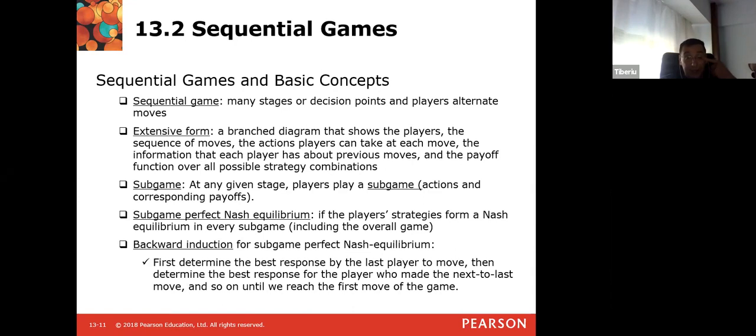Sequential games: basic concepts. A sequential game has many stages or decision points, and players alternate moves. The extensive form is a branch diagram that shows the players, the sequence of moves, the actions players can take at each move, the information that each player has about previous moves, and the payoff function over all possible strategy combinations.